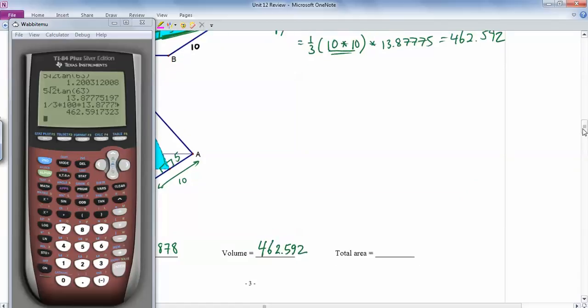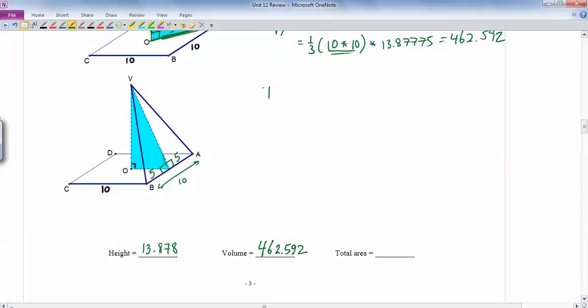The last question says, what's total area? Well, total area is going to be all the side walls, the 4 triangles going around the edges, plus the area of the base, but in this case there's only one base. And we know that lateral area for a pyramid is 1/2 perimeter of the base times the slant height.